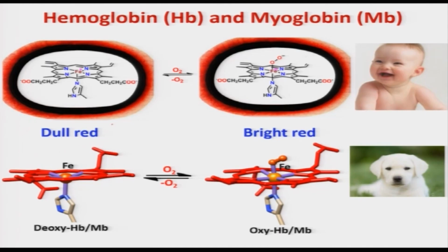In the deoxy form, it was a dull red, while it becomes bright red after dioxygen binding. The structure of the monomeric unit is shown here. You can see that dioxygen binds to the iron center in an angular fashion.